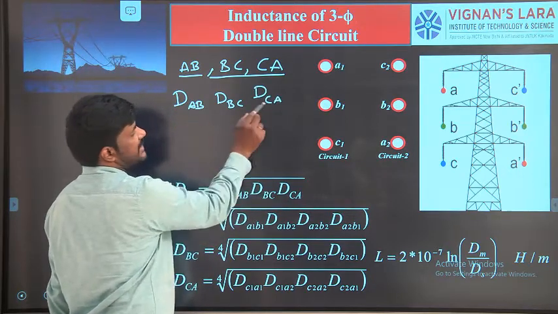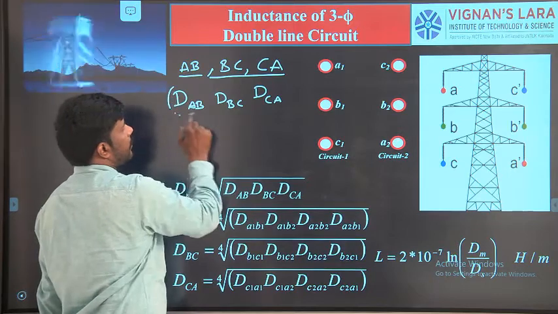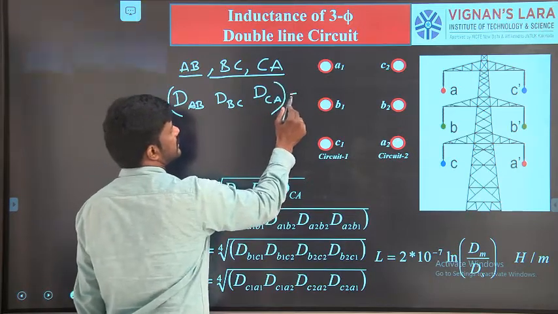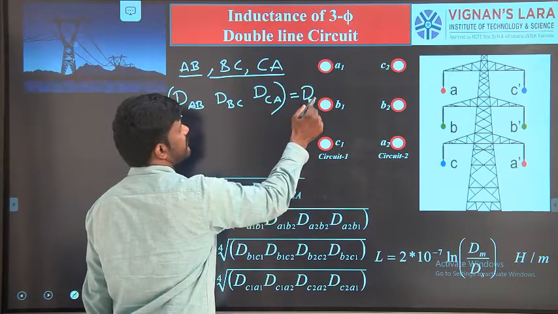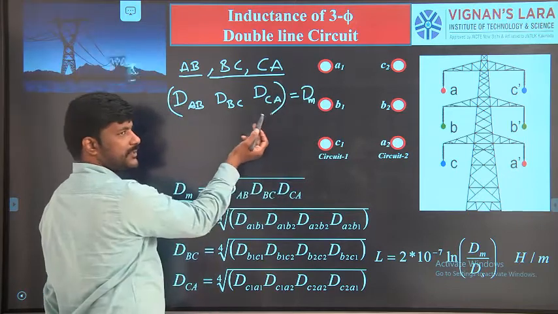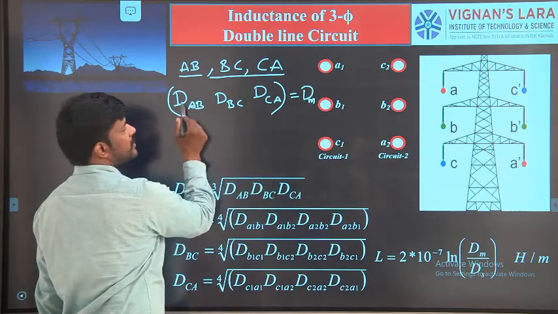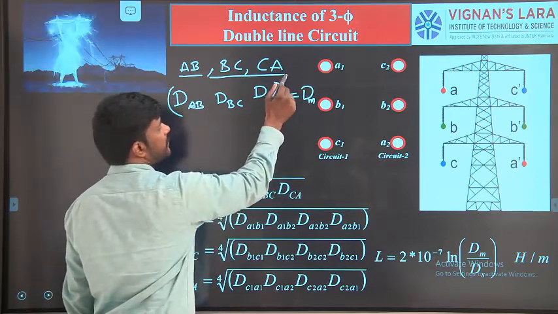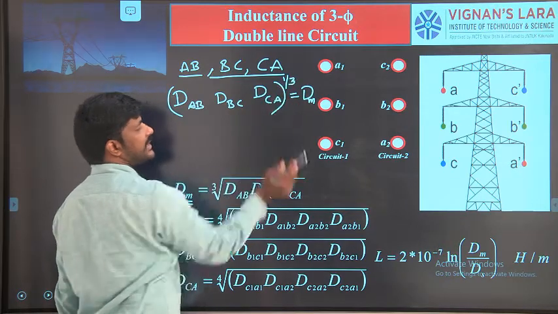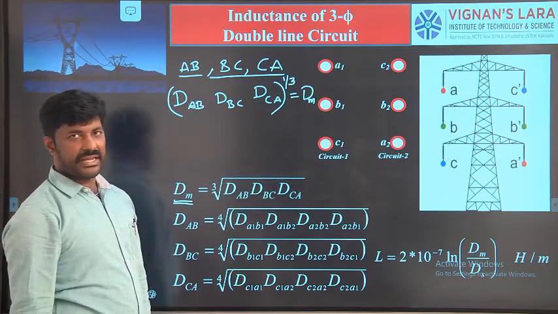After finding out these three values, the overall is called as mutual GMD, Dm simply. What is general procedure? Yes, product of all those three available terms whole to the power 1 by 3, because 3 terms are there, that is why 1 by 3.